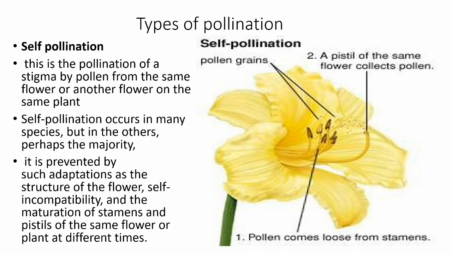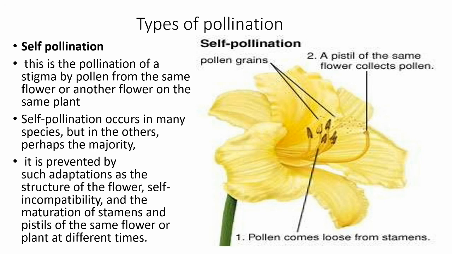Self-pollination occurs in many species, but in others, perhaps the majority, it is prevented by such adaptations as the structures of the flower, self-incompatibility, and the maturation of the stamen and the pistil of the same plant or flower. They develop at different times.